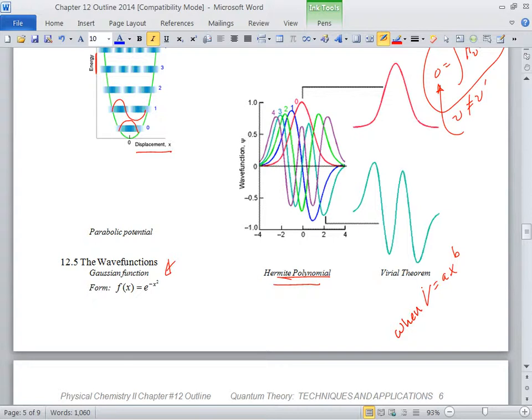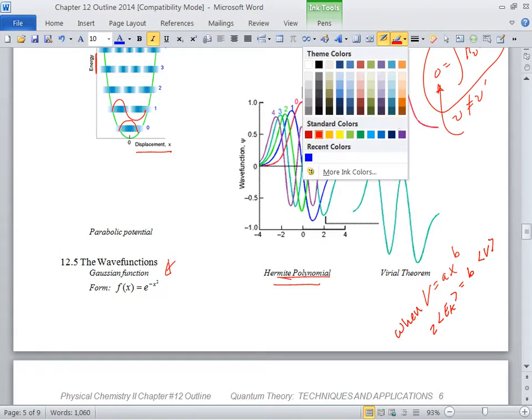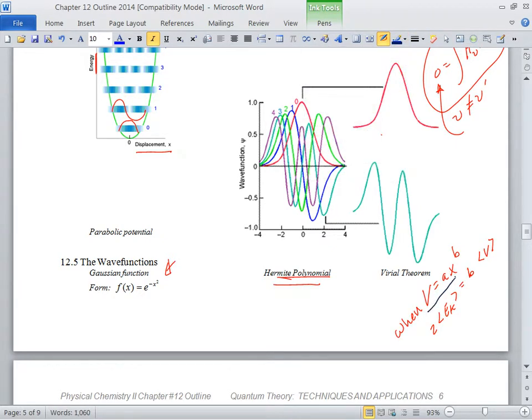When V equals a x to the b, this is what the book says. What they're trying to say is when the potential energy is of this form, your variable raised to some power, and you've got this coefficient out front, whenever it's of that form, then the brackets are supposed to mean what?